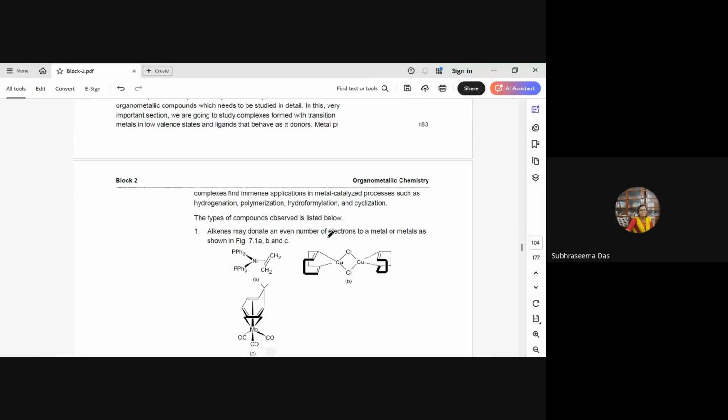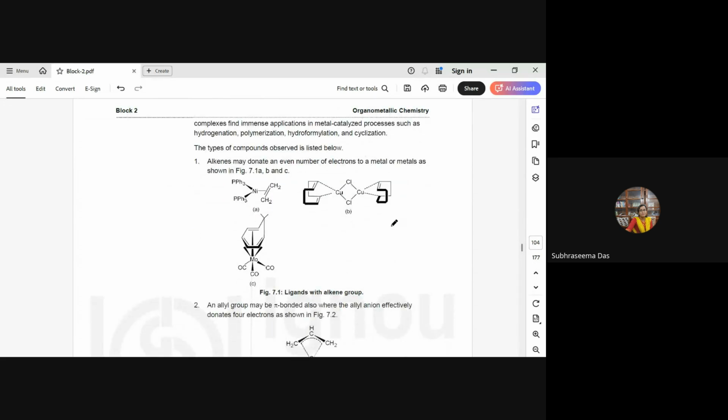The types of compounds observed in such classes have been classified, and the first class is the alkenes. An alkene may donate an even number of electrons to a metal or metals, as shown in figure 7.1a. In A, B and C you can see the ligands with the alkene group.